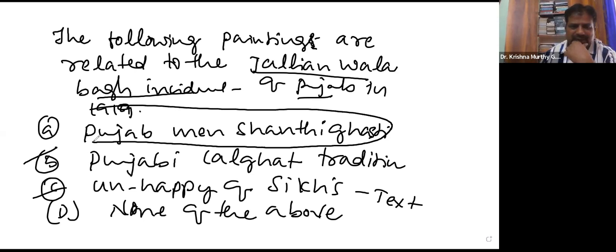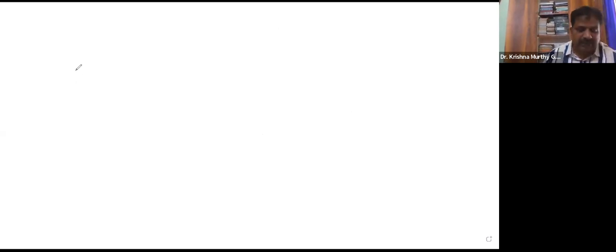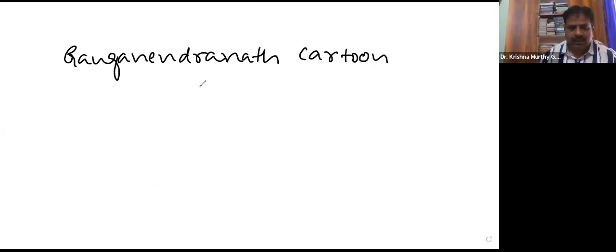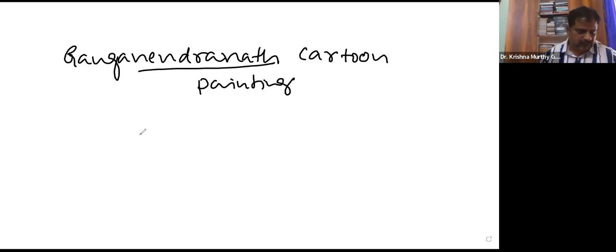Answer A is the answer. This painting was painted by Gaganendranath, a cartoon painting called Punjab mein Shanti Gasti. It is a popular painting representing this.